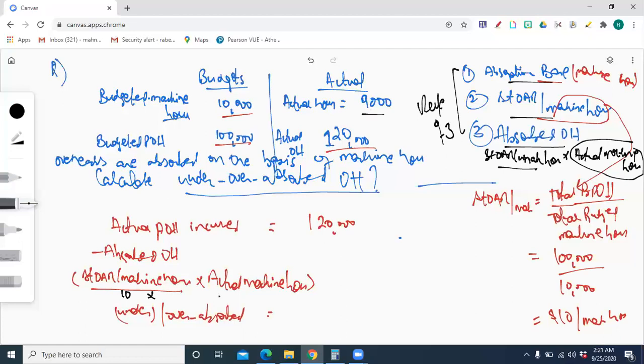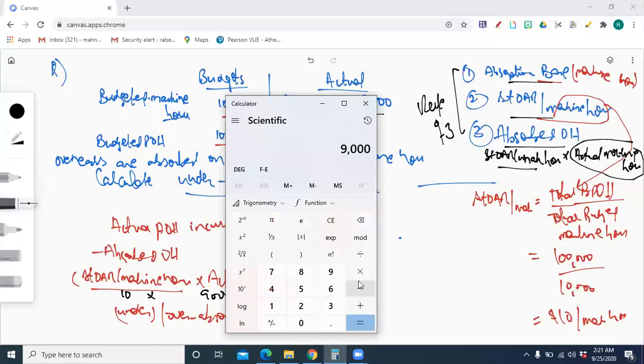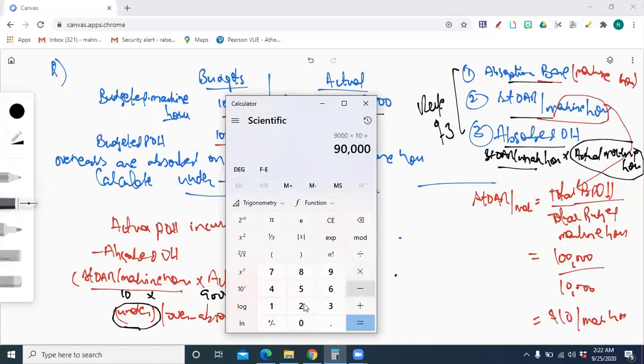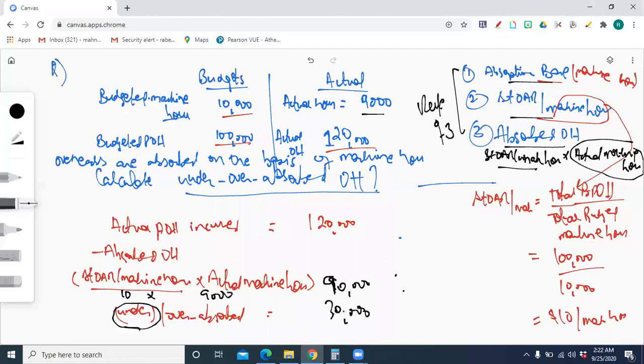That's also given, and now your answer is solved. 9,000 into 10. At 10 per machine hour, for 9,000 machine hours I actually absorbed 90,000. So it's again under absorbed, under absorbed by 30,000.